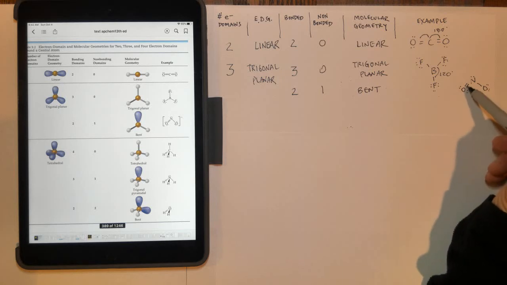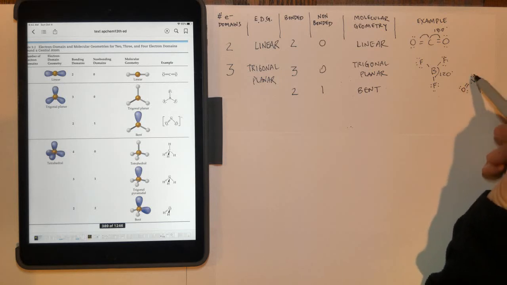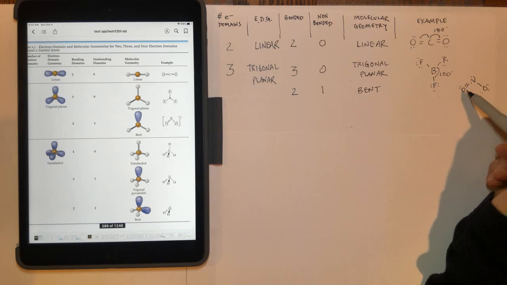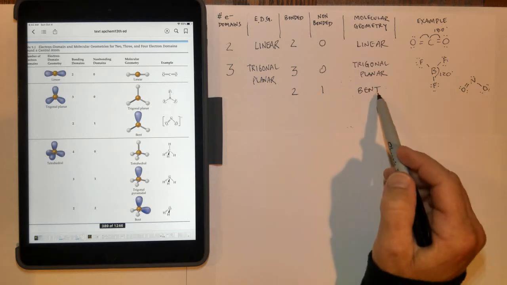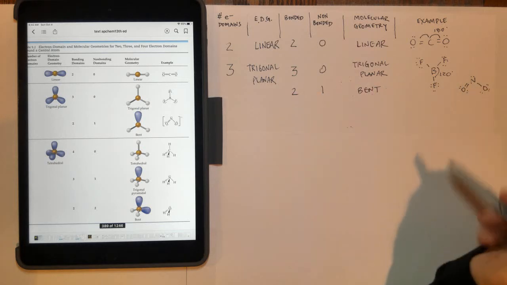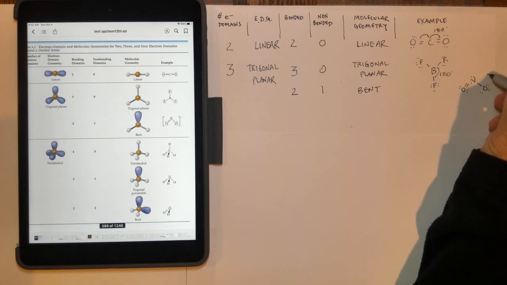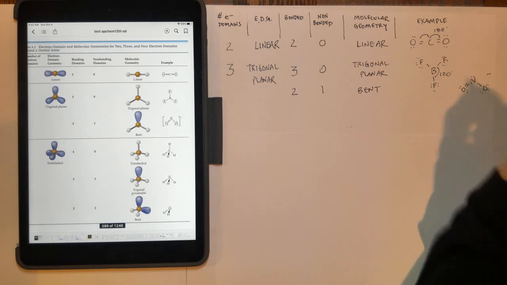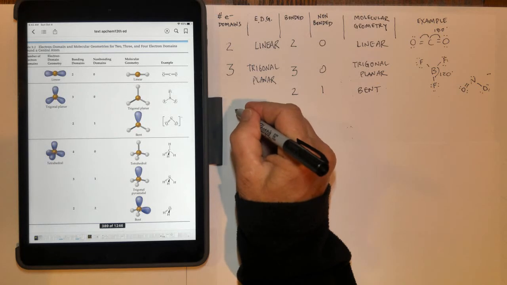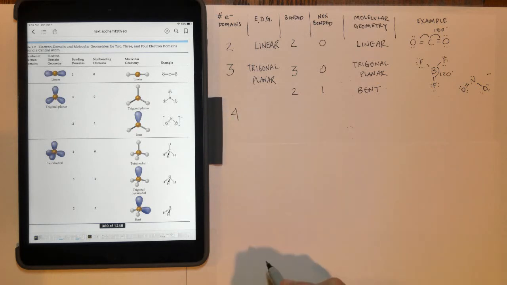So we have one bonded domain, two bonded domains, and a non-bonded domain right here. So 2 and 1 ends up being a bent molecular geometry. I think I'm supposed to put a minus sign out here and put it in brackets, but it doesn't quite fit.